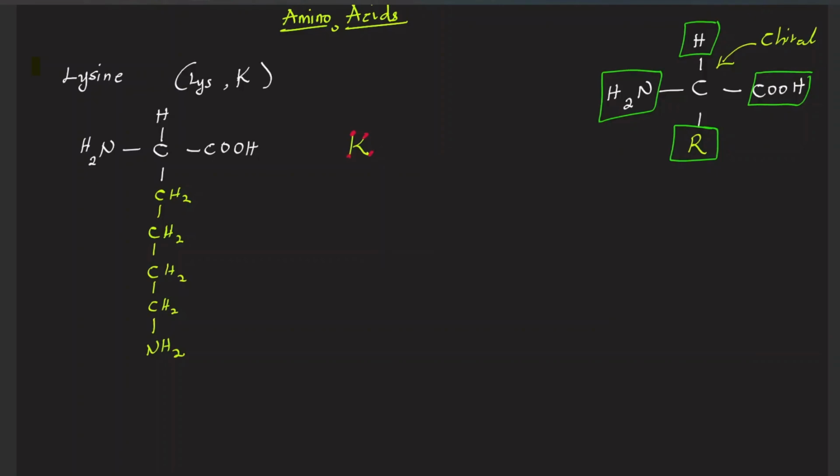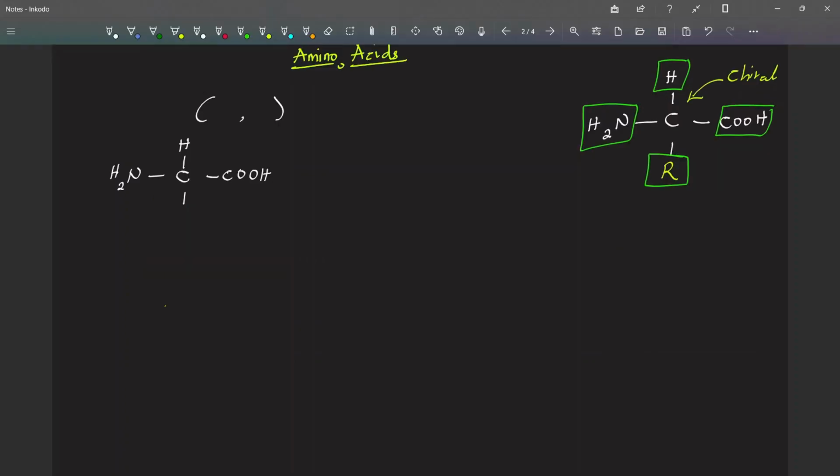So that helps me remember that it has 4 CH2 groups before the NH2 group comes in. So lysine has this structure, and it's a base, because of the NH2 group, it can accept a proton to become NH3 plus.